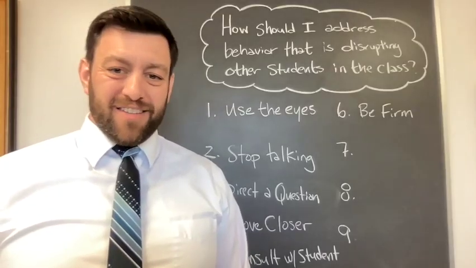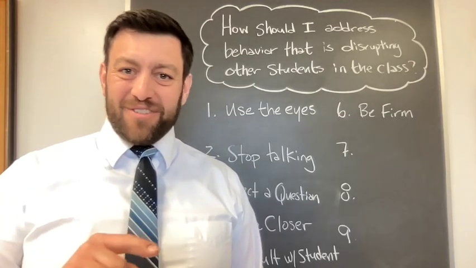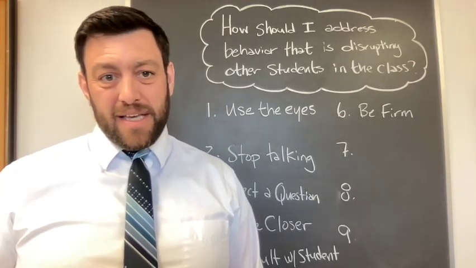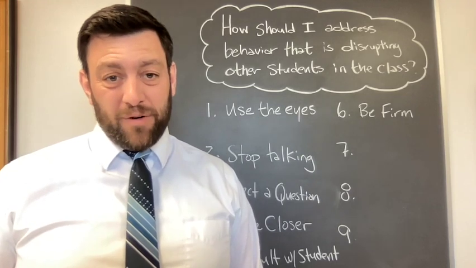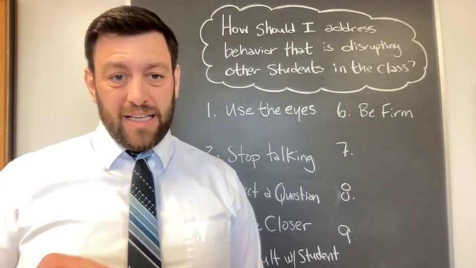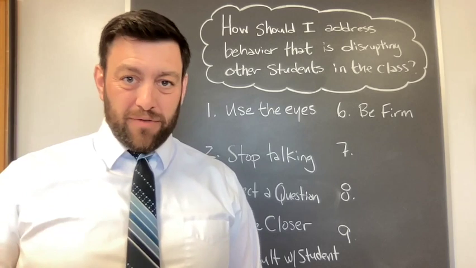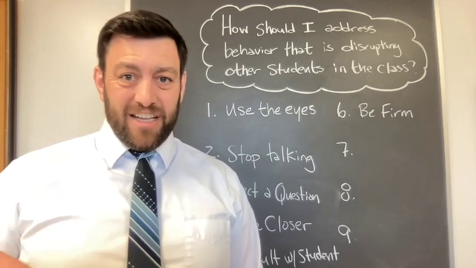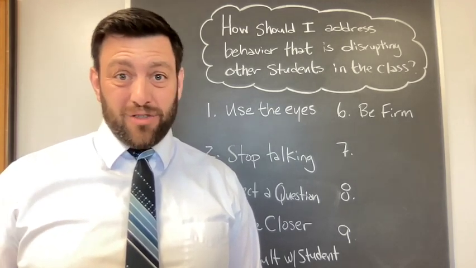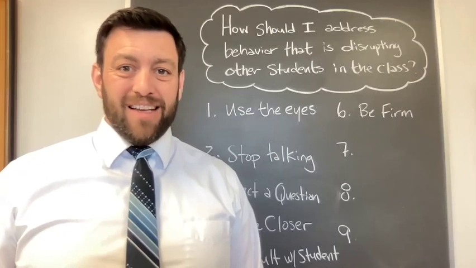This one maybe goes without saying, you have to be firm. If you say you're going to do something, you have to do it. We can be caring and respectful, but we can let students know that if the behavior that we've talked to them about does not change, additional steps will need to be taken to resolve that behavior.